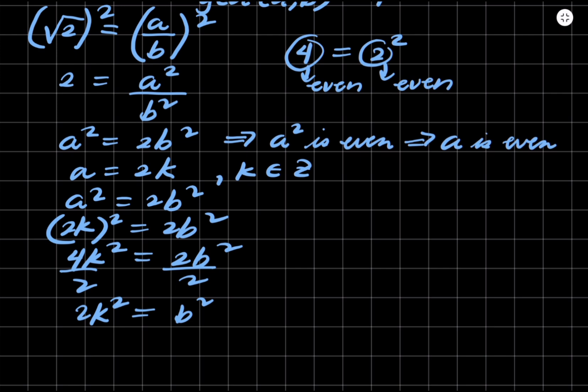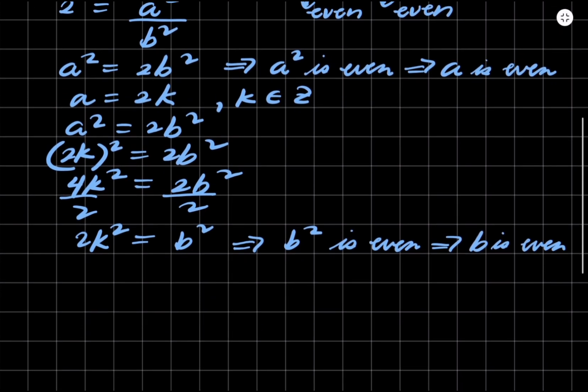So from this, b squared is also even because of the factor 2. So this implies b squared is even. So if b squared is even, then this implies that b is also even. So now, since a and b are even, they have a common factor of 2, right?